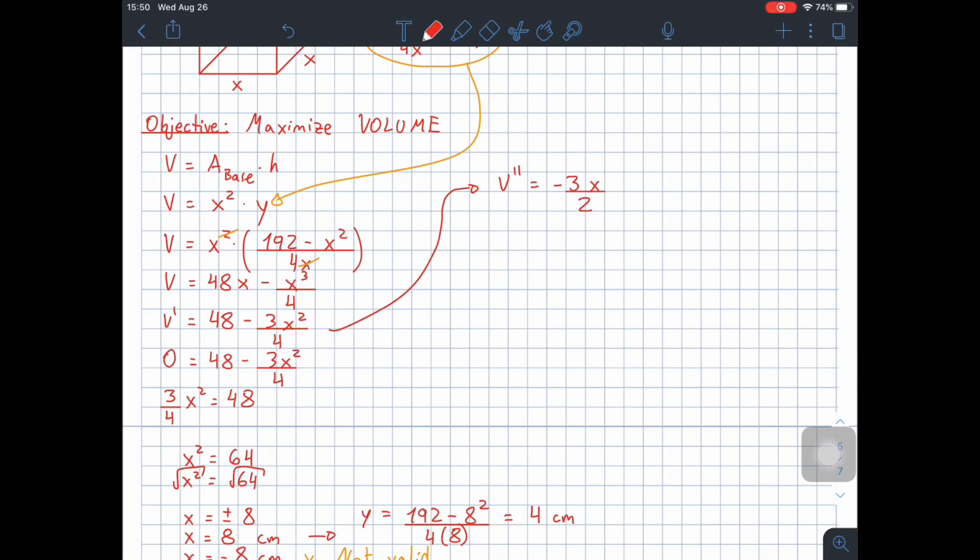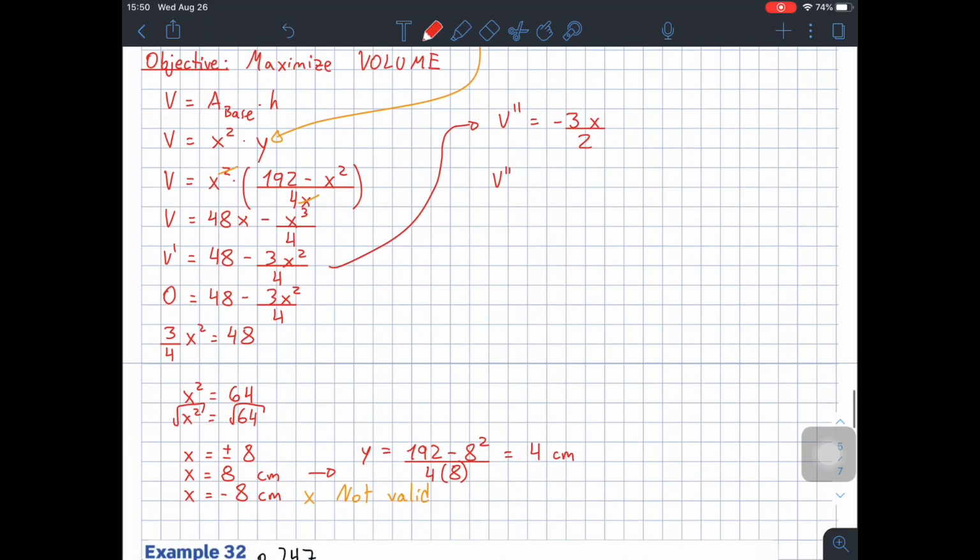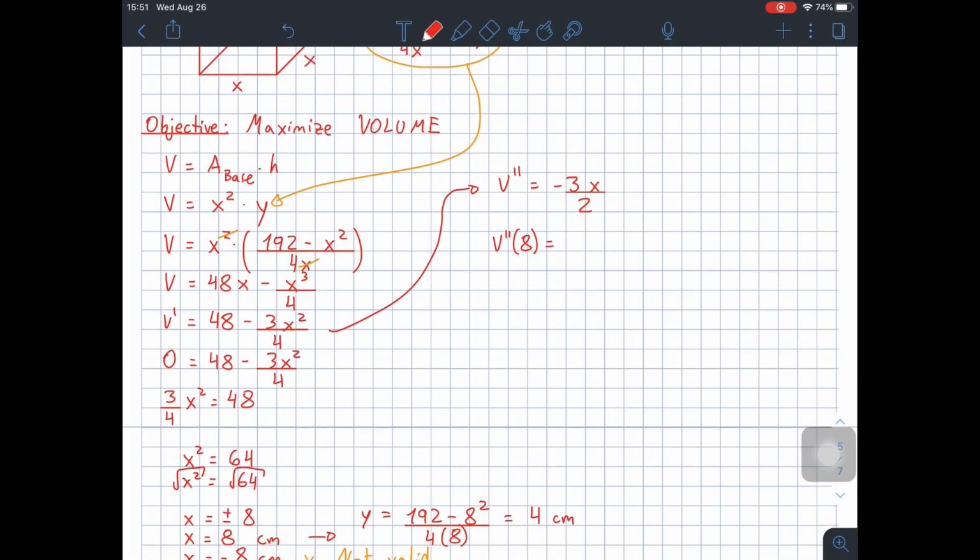Now, if I try the second derivative for this value of x, which is a critical number, if I try that number into the second derivative, I'm going to find the second derivative evaluated for x equals 8. This would be negative 3 times 8 divided by 2. Negative 3 times 8, that's negative 24, divided by 2, that's negative 12.